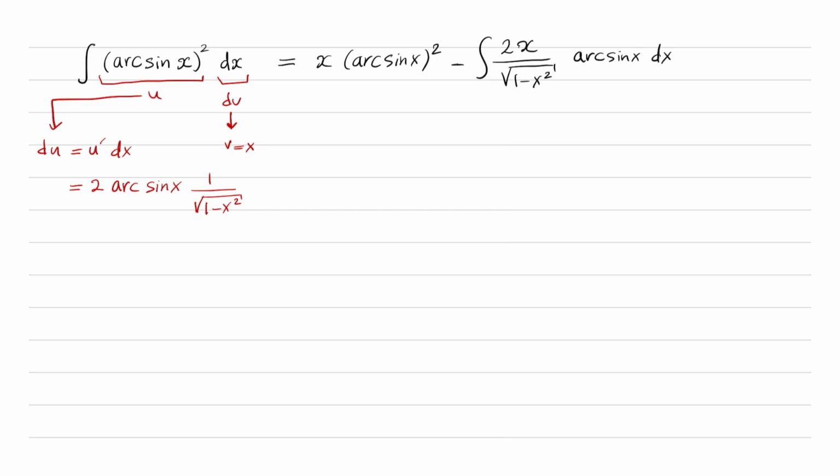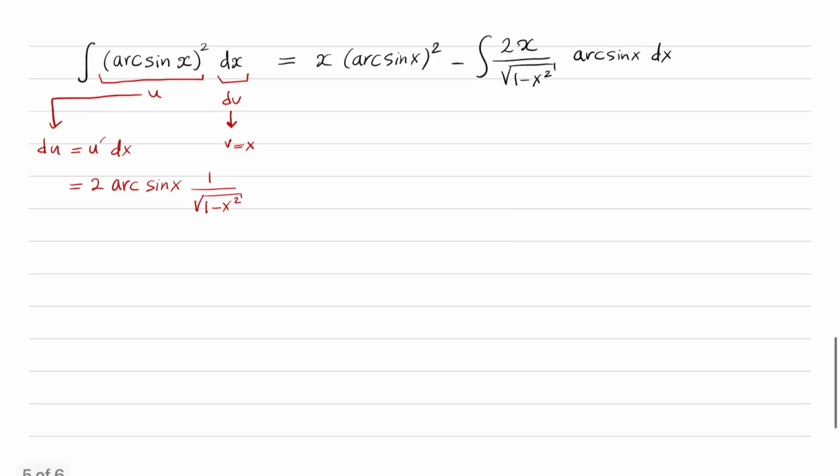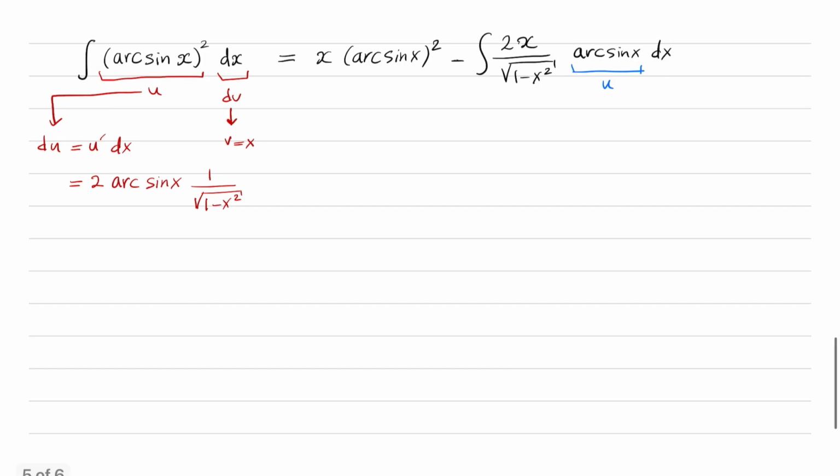Now this last integral, we can compute again using integration by parts. Again, I'm going to take u to be arcsin of x and dv to be the rest, or essentially v prime to be this function, 2x over square root of 1 minus x squared.